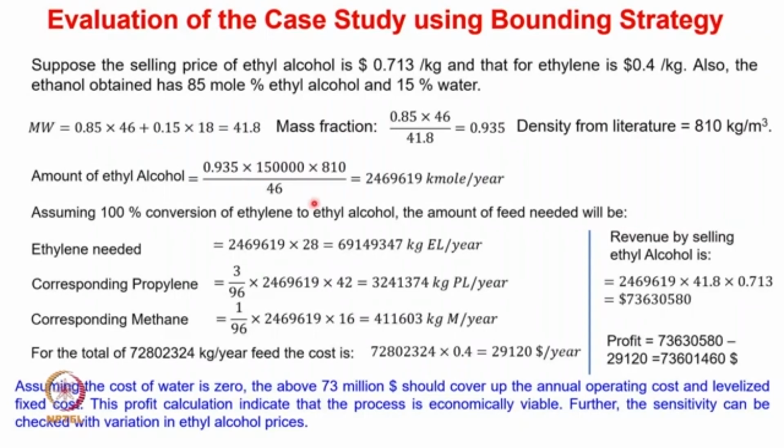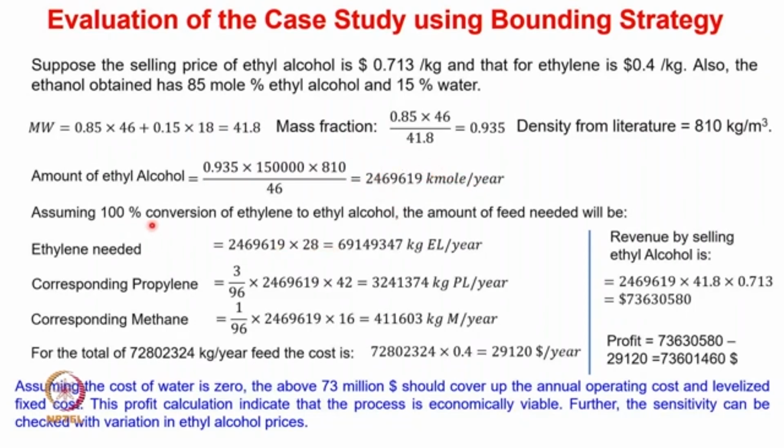So that gives us 2,469,619 kilomole per year. So this many kilomole per year of ethyl alcohol is required.